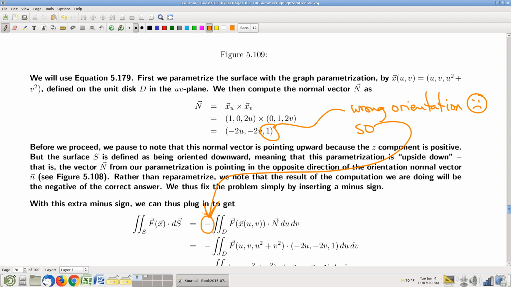If it's by the negative in front, is it cool to just flip the vector right there? I hear you, but I'm going to say no, and the reason why is because capital N is something that is dependent on the parameterization. You're not actually changing your parameterization. We're going to continue with this parameterization. So because x is still the same, you can't just say, oh, I'm going to redefine xu to be negative xu.